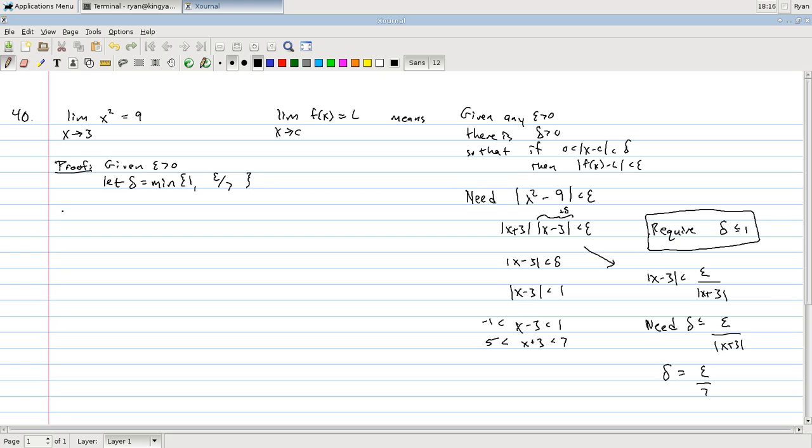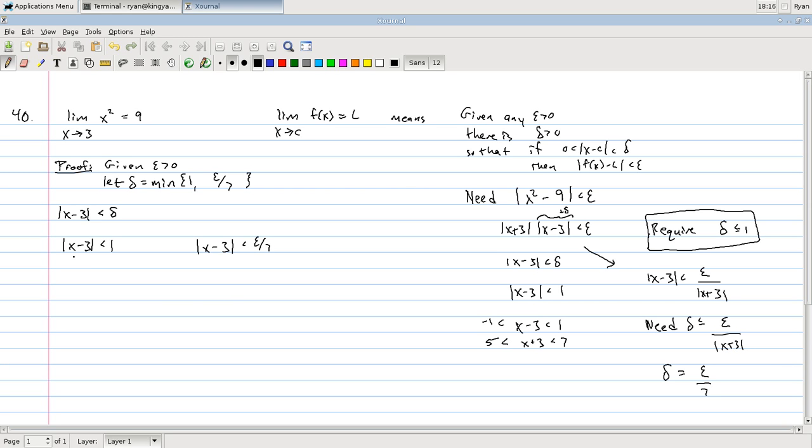So this lets us say two things. First, this says that absolute value x minus 3, according to our definition, x minus c is less than delta. So x minus 3 is less than delta. And since delta is the smaller of these two, we can say x minus 3 is less than 1, and x minus 3 is less than epsilon over 7.